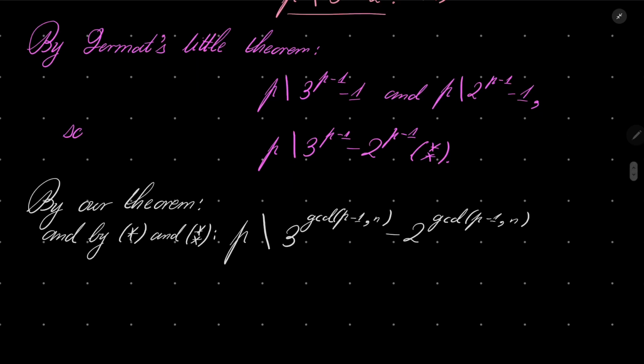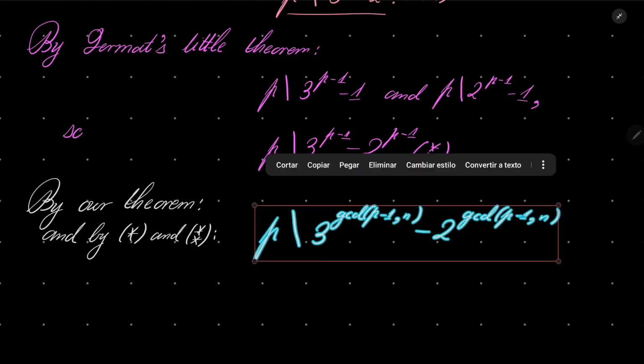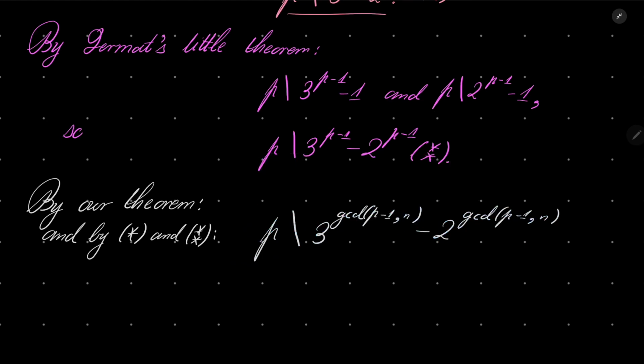Okay, but now comes the interesting part. Because p is the smallest prime divisor of n, what is this GCD? It must be 1. There cannot be any prime which divides both n and p minus 1.